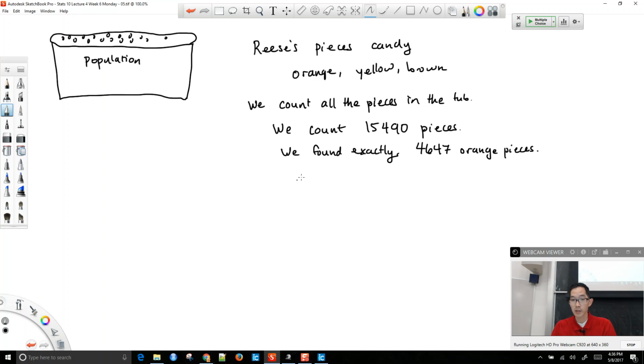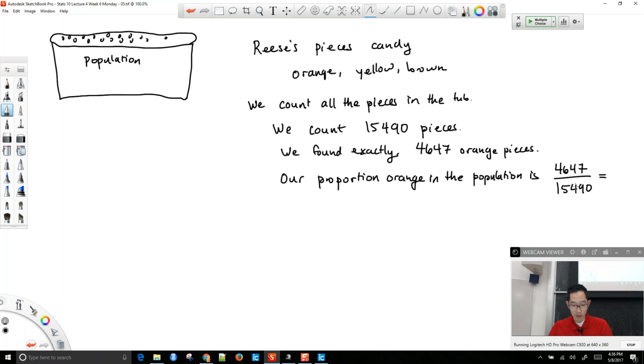So our proportion of orange in the population is 4,647 divided by 15,490, and this is exactly 0.3. I picked it just so we have a nice number. You're probably not going to get such a nice number in real life.